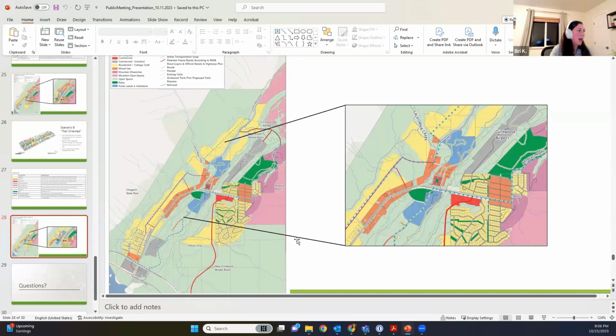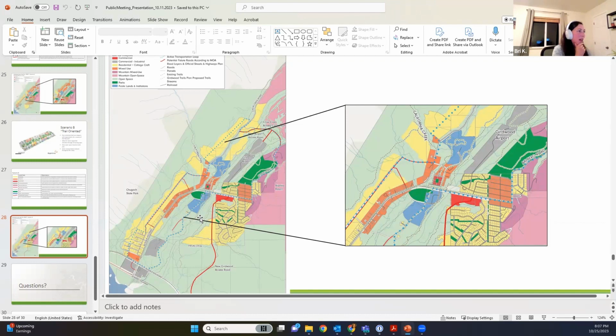This one, we have yellow. On this one, yellow is the residential category, again allowing for diverse densities throughout the valley. That's why there's a lot more yellow on this map, but it would still allow for the higher density residential.